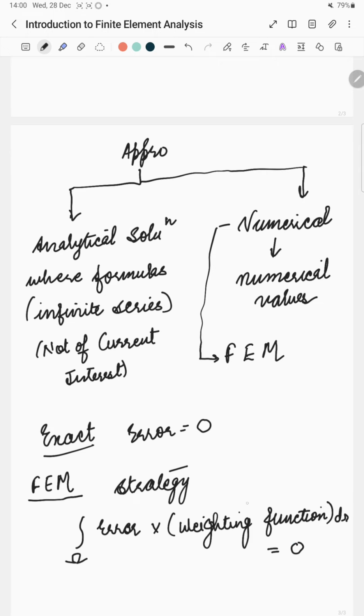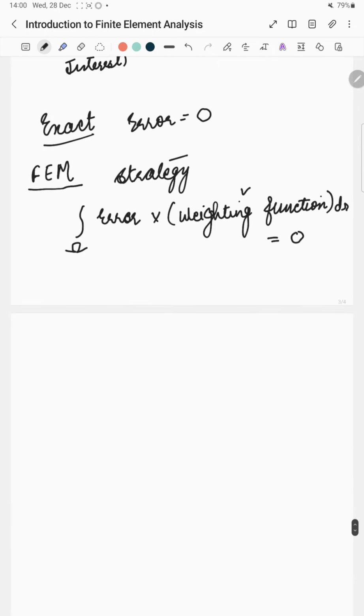So weighted integral of error is equal to 0. This error is nothing but left hand side minus right hand side.